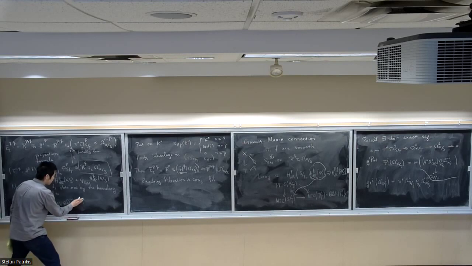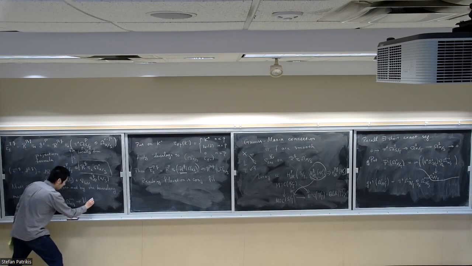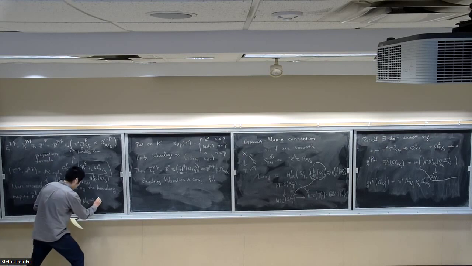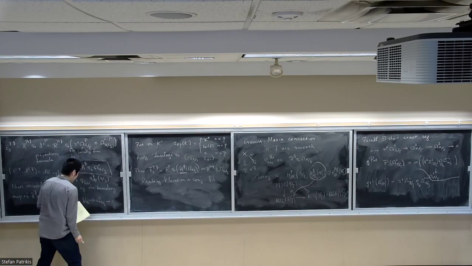This is not important, so let me just write blah. And then you go to omega q X over S, and then 0.